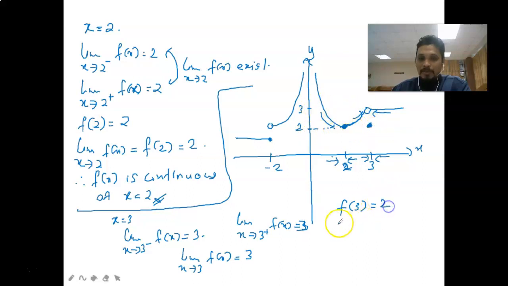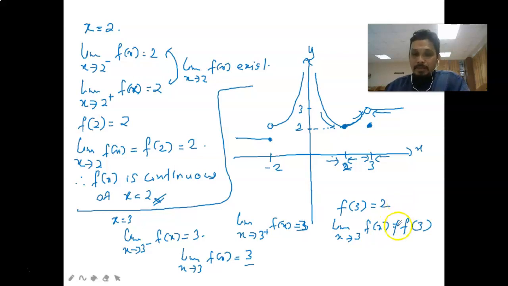So the limit as x approaches 3 of the function f(x) is 3, and f(3) equals 2, they are not equal. So we conclude that the function f(x) is not continuous at x equal to 3.